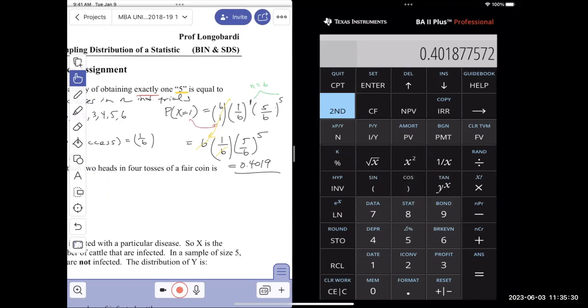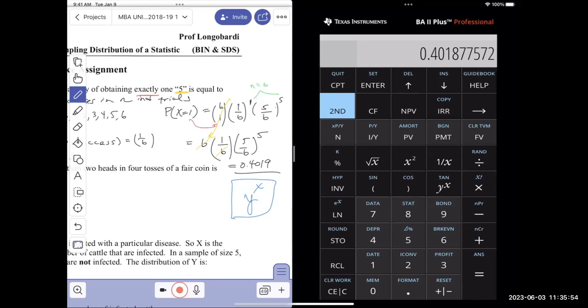So y to the x is a power function. You're going to need that one if you don't know. One more time. We're good.